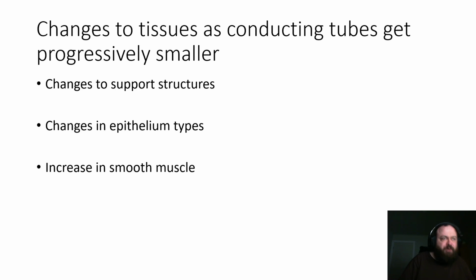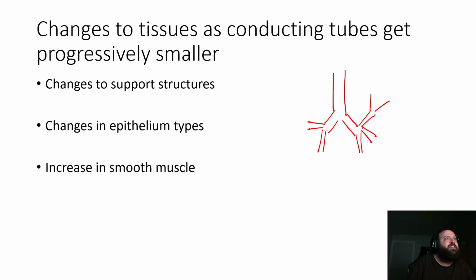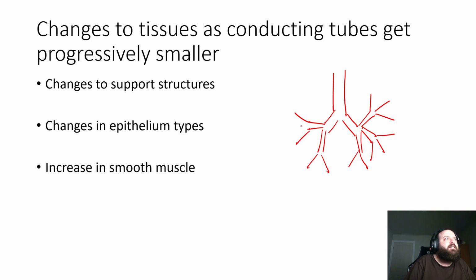So what I want you to envision when we talk about the bronchi is, we have our trachea. It branches into the primary bronchi, which then branch into the secondary bronchi, which then branch into tertiary bronchi, which then branch even further into smaller bronchi, and then at some point those bronchi get so small in diameter that they are now called bronchioles. And at the end of the bronchioles, you get your terminal bronchioles.